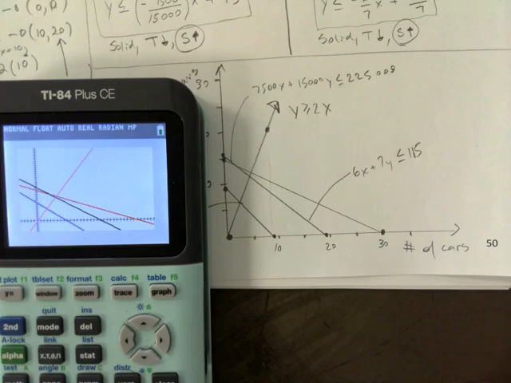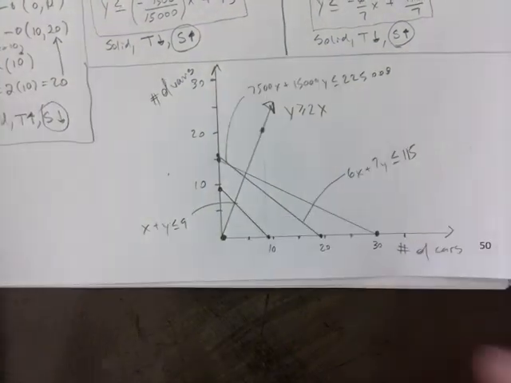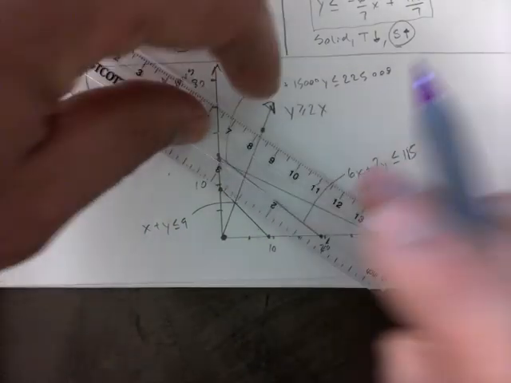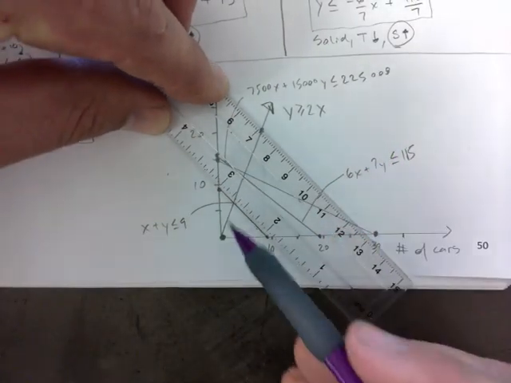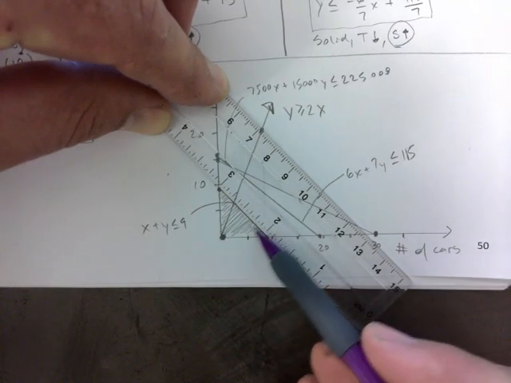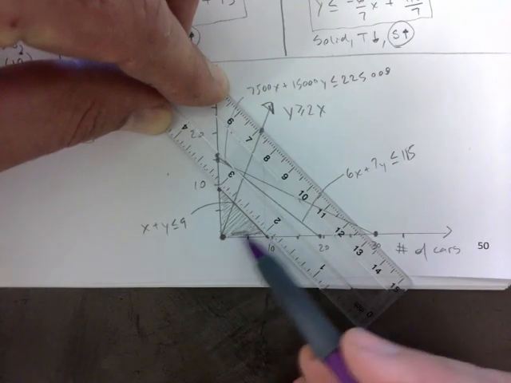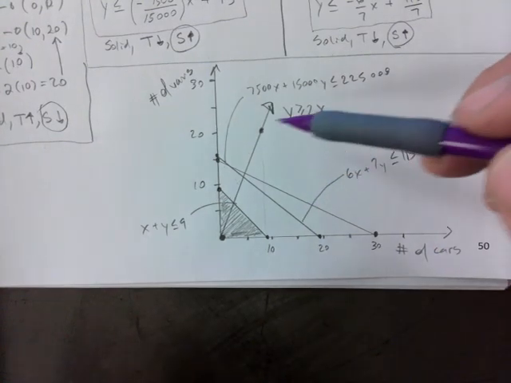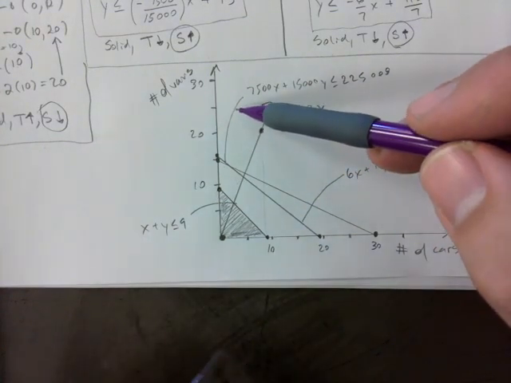There we go. Let's shade this in now, one at a time. This one, I told myself shade below. The next one, I told myself shade above.